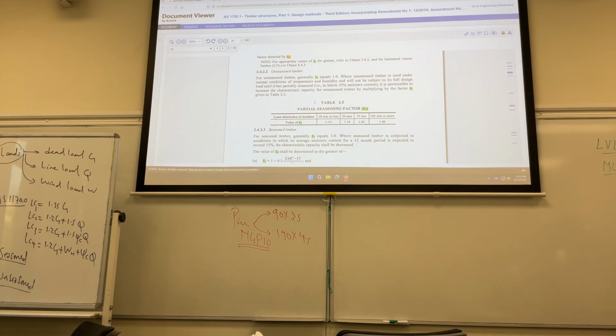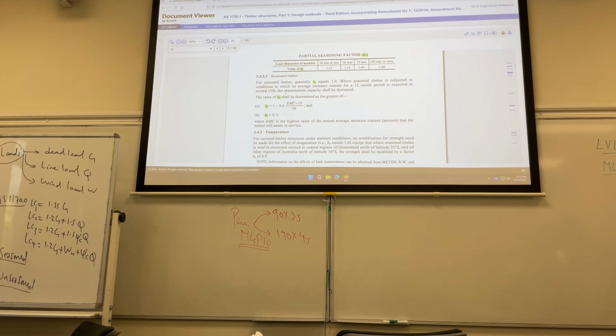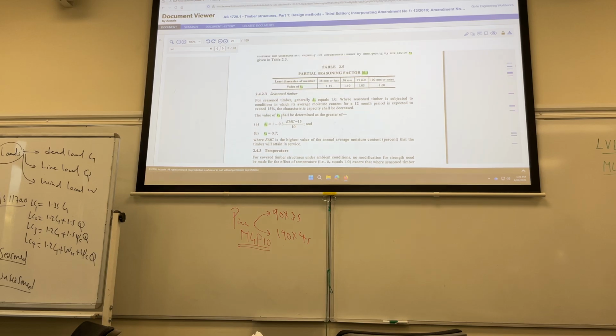Okay, for seasoned timber, the value of K4 shall be determined as the lesser of 1 minus 0.3 times (AMC minus 15) divided by 10, or 0.7, where AMC is the highest value of the annual average moisture content that timber will attain in service. We will be able to use this later.